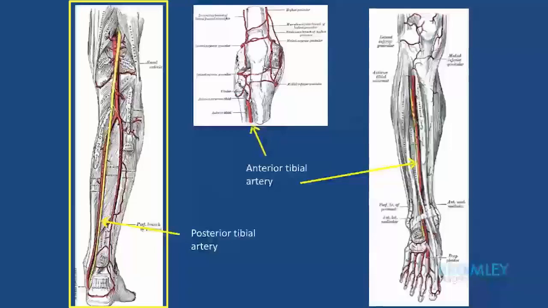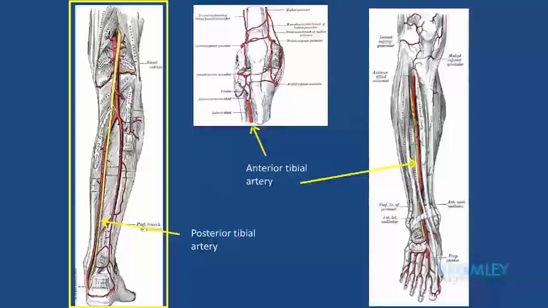So that's the anterior tibial going off, and then the popliteal artery continues and divides medially into the posterior tibial artery, and then the posterior tibial artery runs down the medial side of the lower leg in company with the tibial nerve before winding round the medial malleolus, and it forms the posterior tibial pulse.